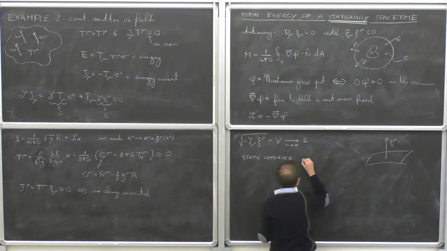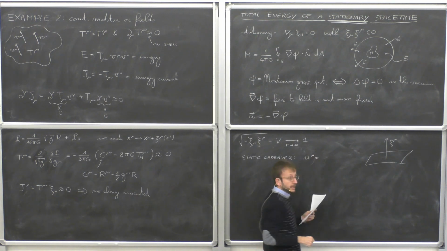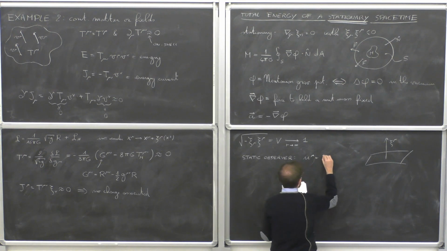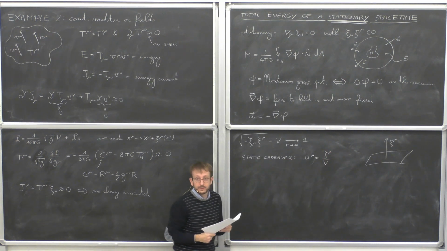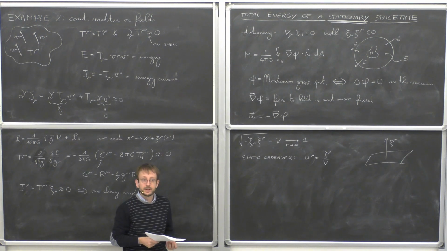The only difference is that it is an observer, so since it is an observer, its four-velocity must be normalized, the norm of the four-velocity being minus 1. So this means that I have to rescale in general the Killing vector, because the Killing vector is not obliged to satisfy this property.